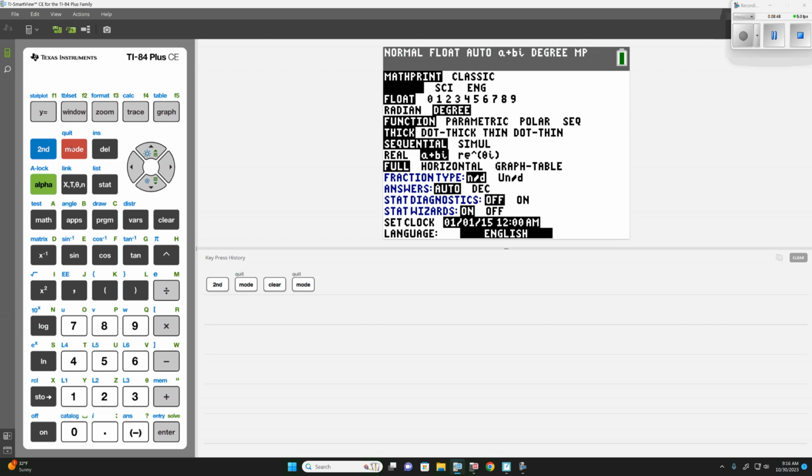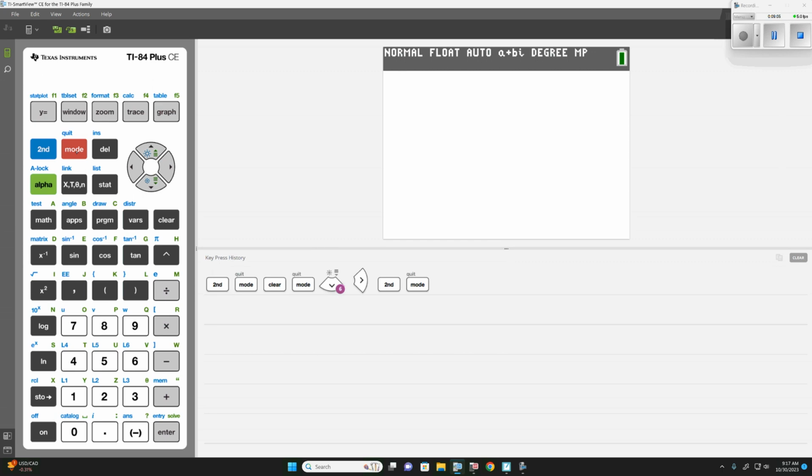We're putting things in. If you notice about halfway down underneath sequential, we have real and a plus bi. If it's on real, we'll go down, move over one, hit enter for a plus bi. A plus bi mode tells it we want it to calculate in terms of i, these complex numbers, these imaginary numbers.